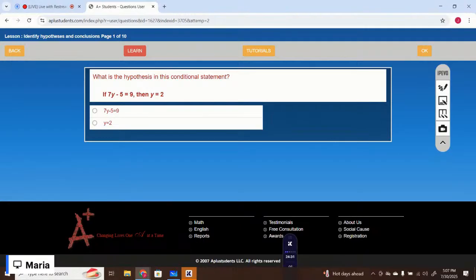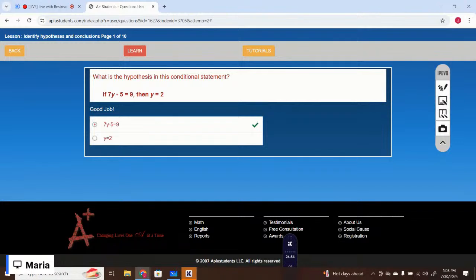If 7y minus 5 equals 9, then y equals 2. So the hypothesis is 7y minus 5 equals 9. Option number 1 is the correct option.